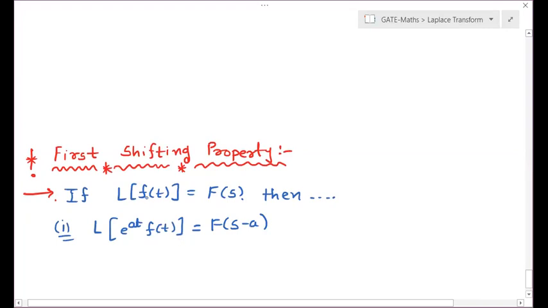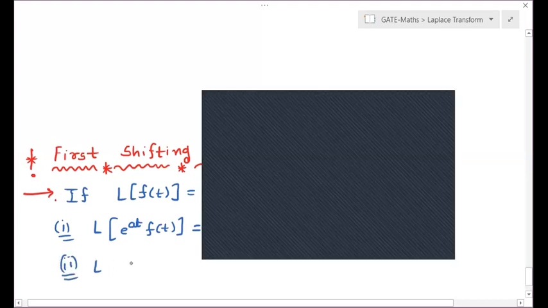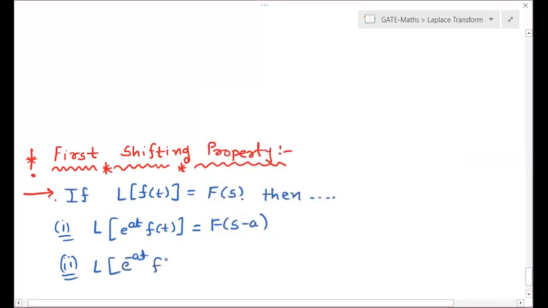That means if you are multiplying e to the power at with f of t, then in its Laplace you have to interchange s with s minus a. Okay. In the same way, if you are multiplying e to the power minus at with f of t in the input of Laplace, e to the power minus at into f of t, then you have to shift your answer with s plus a. That is your shifting property.